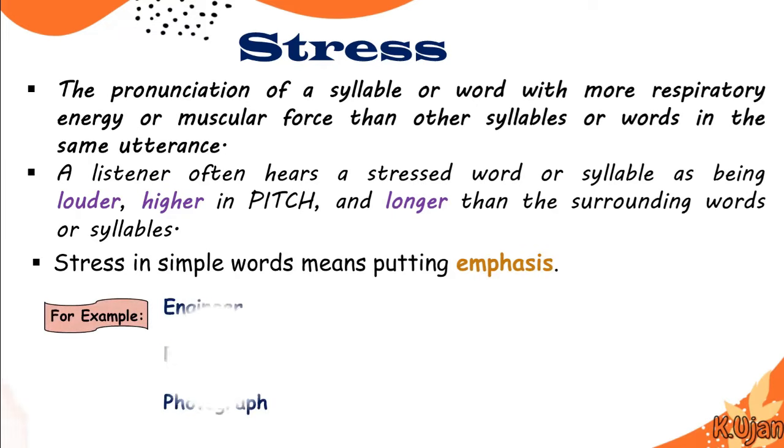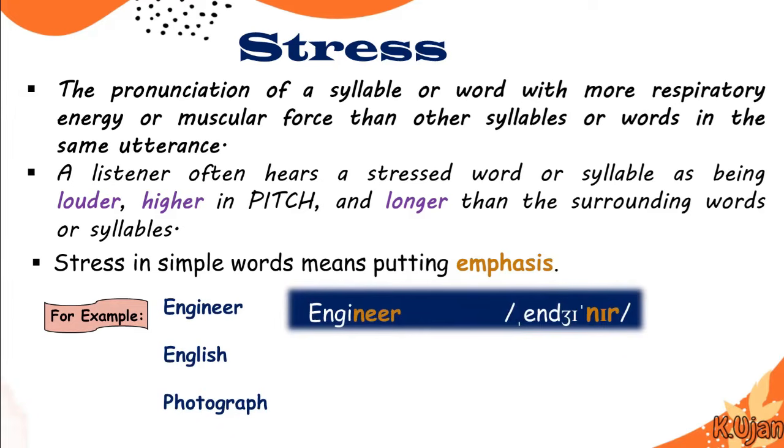For example, here are the words. The first word we pronounce is engineer. So we are putting emphasis on the second part of the word, neer, engineer, right? So on the second part we put emphasis and there is stress.